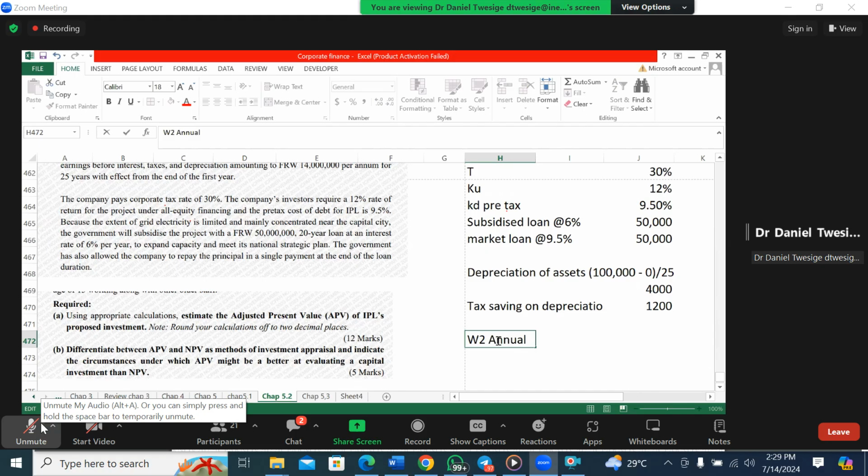Annual cash inflows. Because this is 25 years, we are not going to compute up to 25. Since the cash flows are constant, we can get the annual.